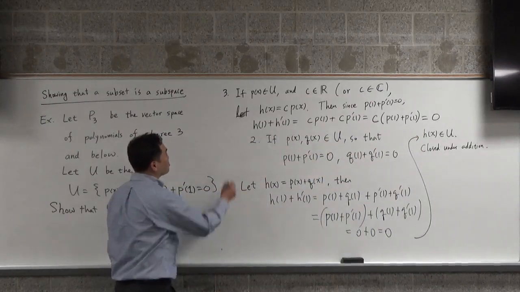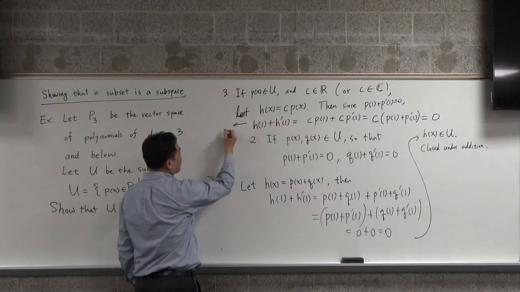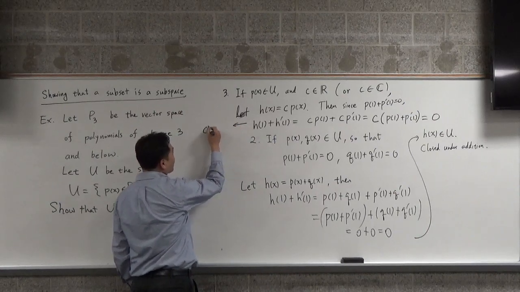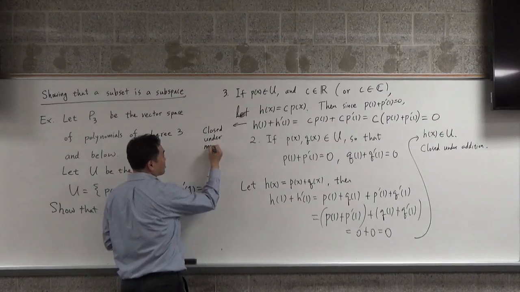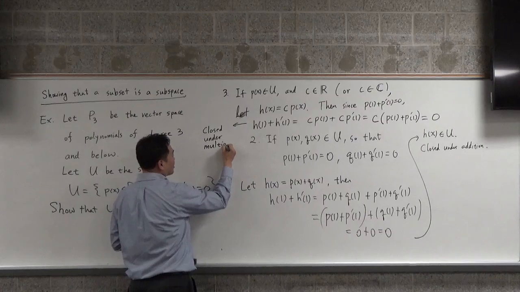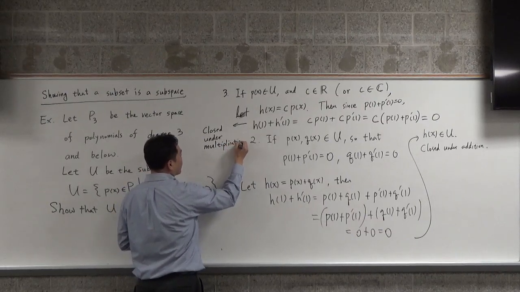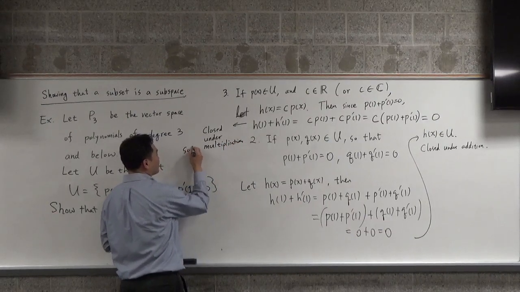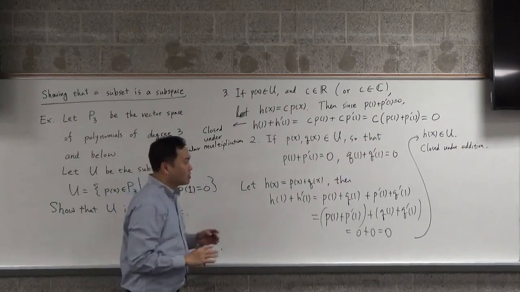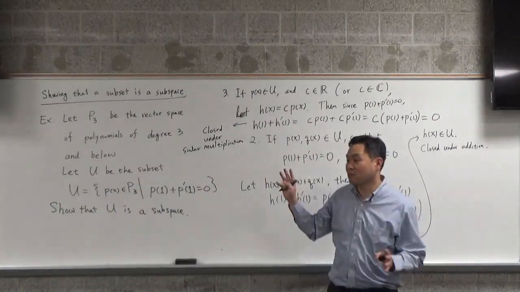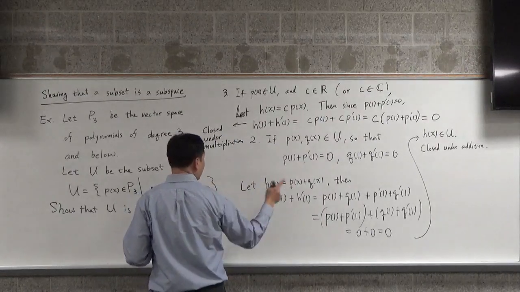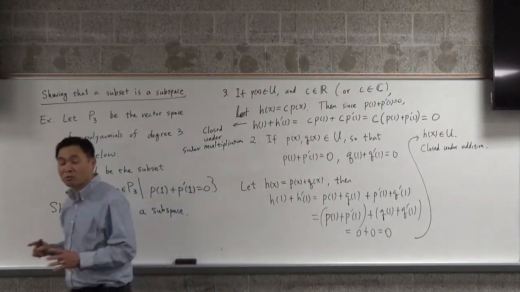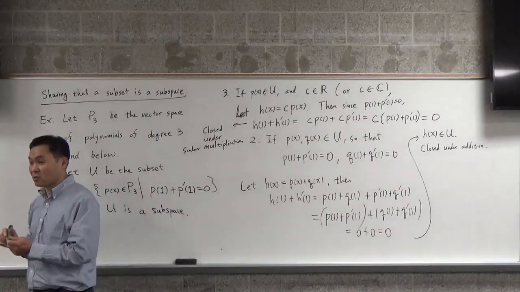So this proves, sorry for the lack of space here, this is closed under multiplication, and really scalar multiplication. So we've proved all three things: 0 is included, it's closed under vector addition, and closed under scalar multiplication.